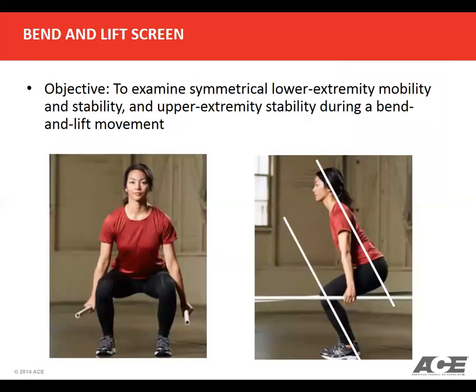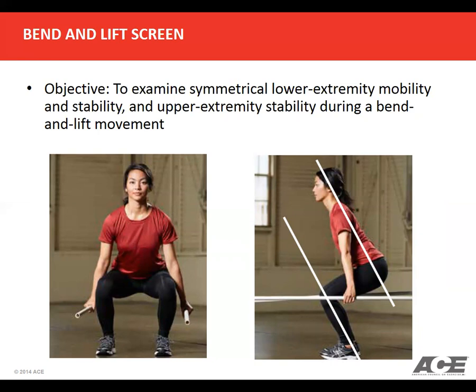Okay. So bend and lift screen. Examine symmetrical lower extremity mobility, stability, and upper extremity stability during a bend and lift movement. So again, you're going to use this technique when you're squatting, doing a deadlift, or getting down in these positions prior to doing any Olympic lifting.